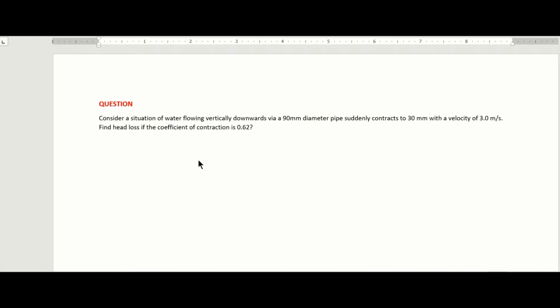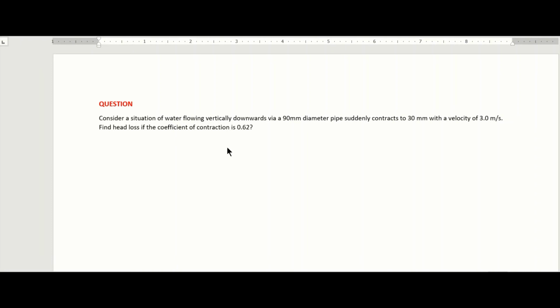So here is a question we can use to solve for sudden contraction. Now, how do you know it's a sudden contraction question? When the pipe diameter reduces, that is head loss due to sudden contraction. But when the pipe diameter enlarges or increases, that would be a head loss due to sudden enlargement.